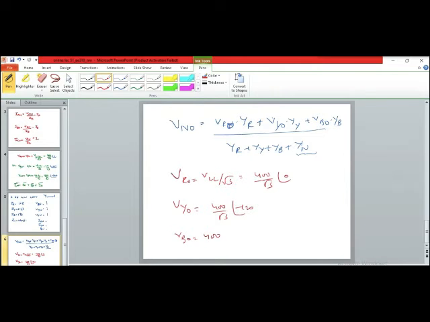VBO is 400 by root 3 angle minus 240. You got these values now. You know YR, YY, YB. YR is equal to 1 by ZR. YY is equal to ZY inverse. And YB is nothing but ZB inverse, or 1 by ZB. So substitute in the formula.